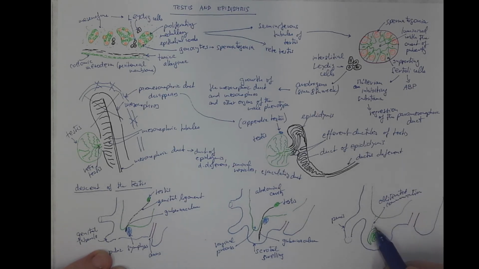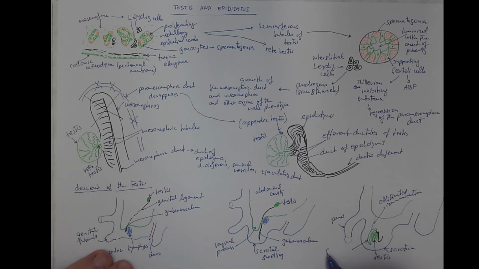The testis went through the inguinal canal into the scrotal sac, where is the testis, and there is the serous cavity of the scrotum, with two layers, with the parietal and the visceral layers.